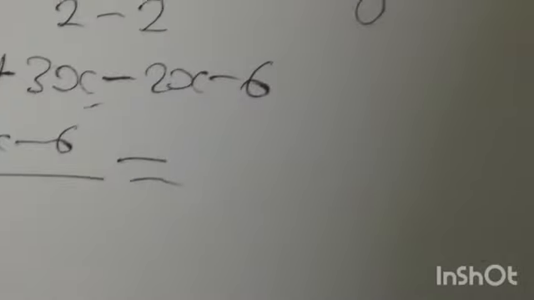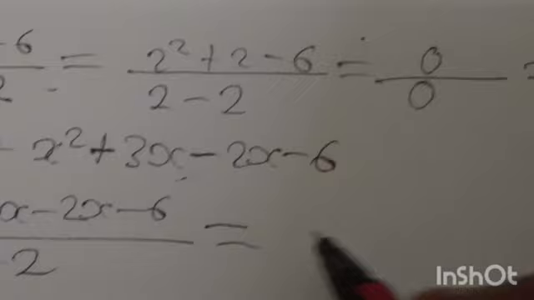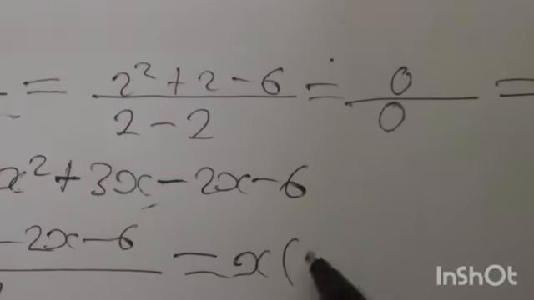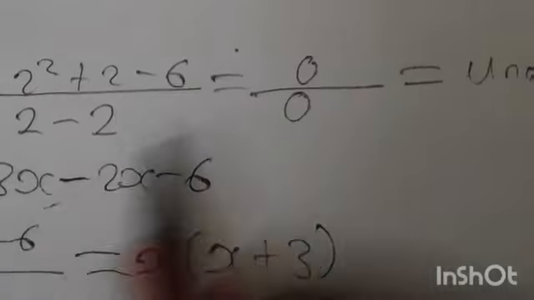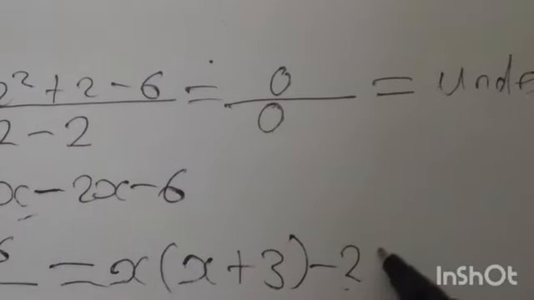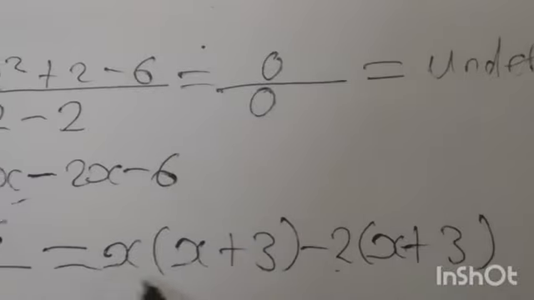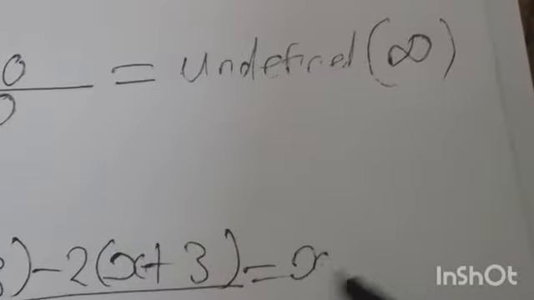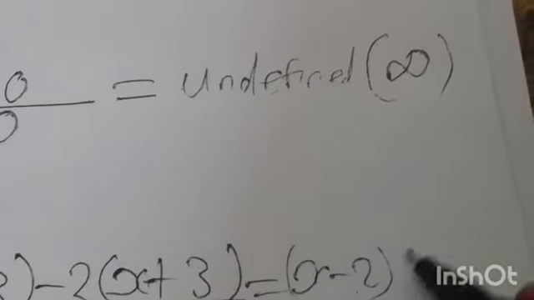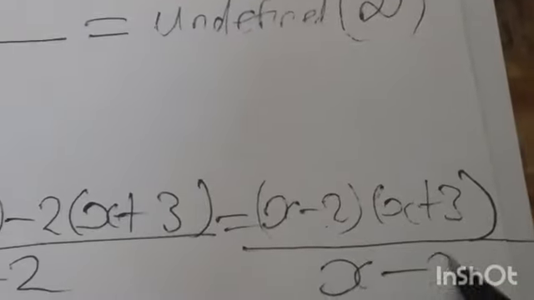Then from here you can do the factorization. What's common between these two? It will be x, so it will be x plus 3. Even here, what's common? It will be -2, giving x plus 3 over x minus 2. So when you group them, it will be x minus 2 times x plus 3 over x minus 2.